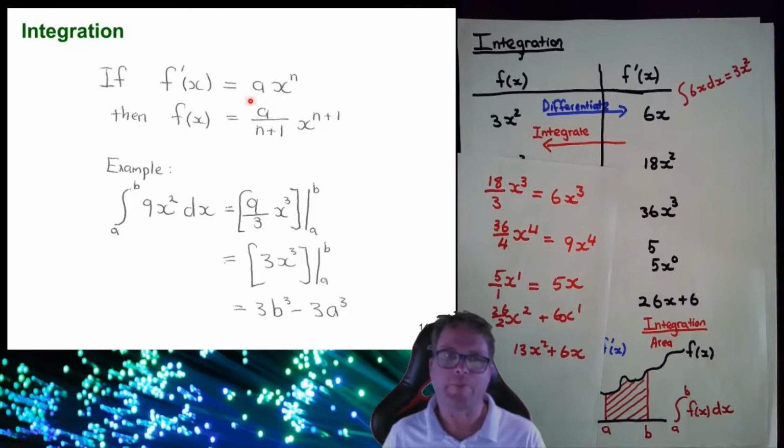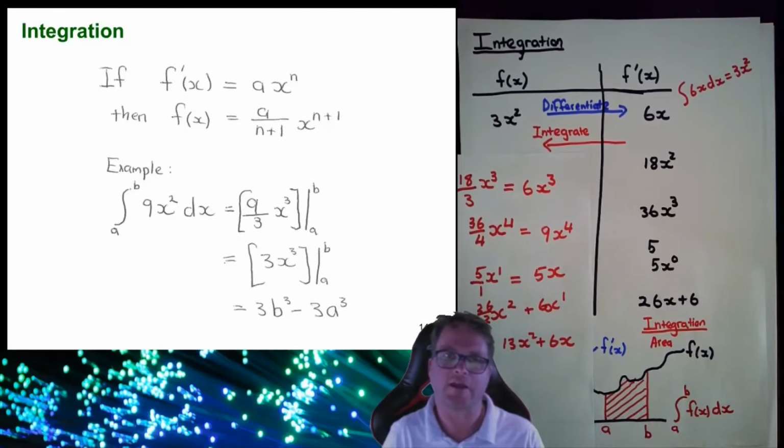If we want to go back and find out what the function itself is, remember the function is just f of x, then the way we do that is we take the power of the derivative and we increase it by 1.